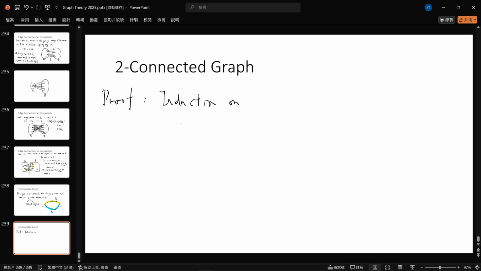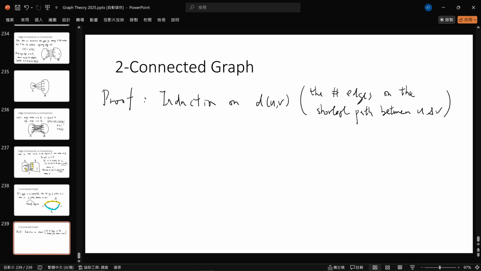So we use induction on DUV, that is the number of edges on the shortest path between U and V.